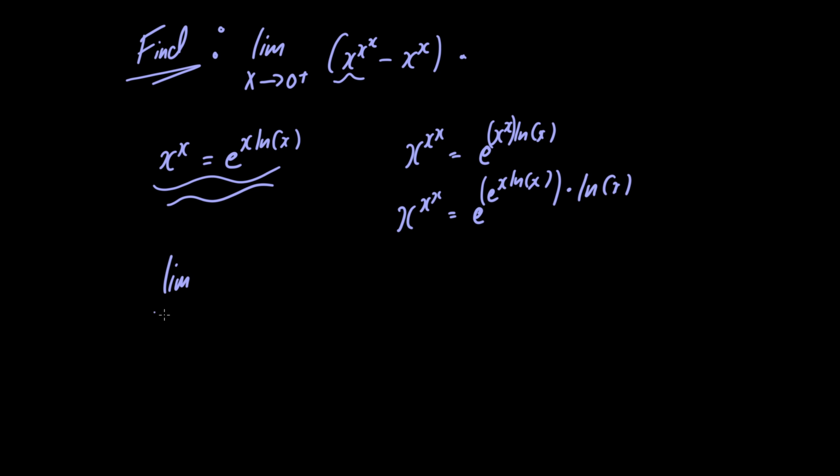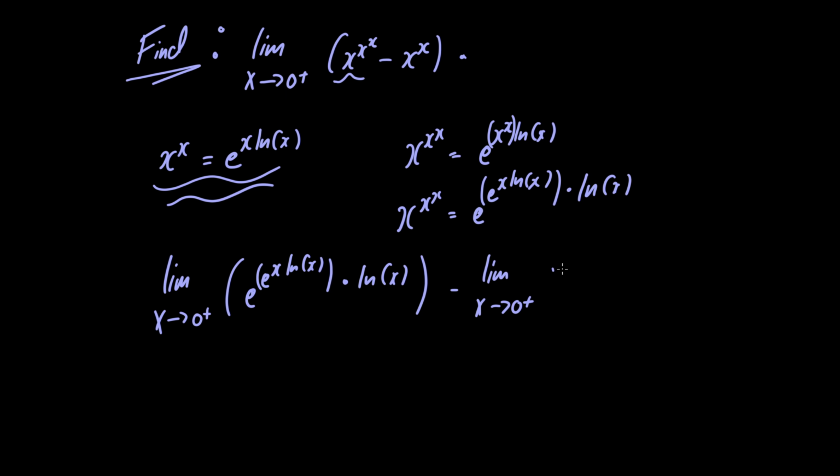We have the limit as x approaches 0 from the right of e raised to x times the natural logarithm of x multiplied by the natural logarithm of x, minus the limit as x approaches 0 from the right of e raised to x multiplied by the natural logarithm of x. Now all we've done is separate these limits, which we can do according to the limit laws, so this is a perfectly valid expression.